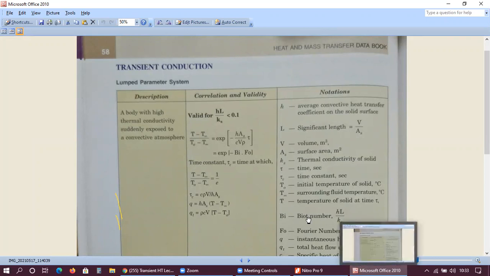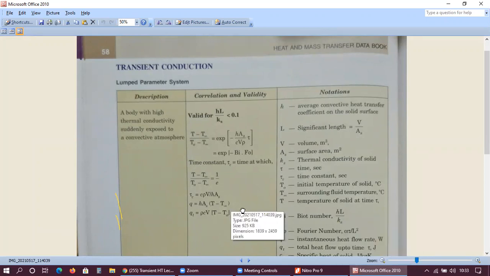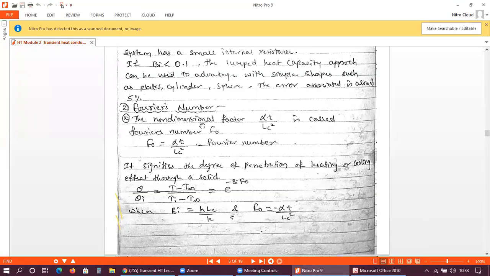Just write that this non-dimensional factor alpha t by L_c square is called the Fourier number, written as Fo equals alpha t by L_c square. It signifies the penetration of heating or cooling through a solid. Later on you will again come to know the significance of this while solving problems.